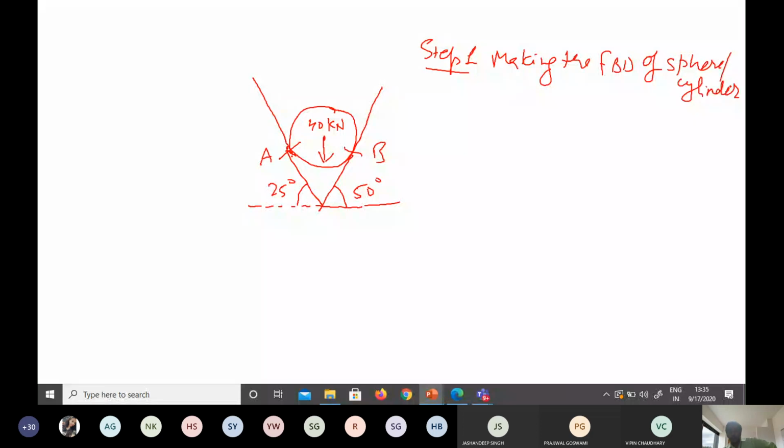Fine. So I am making the FBD first of all of the sphere, meaning what are the different points where the contact is happening, and due to that contact where the reaction is occurring. So we have to first locate that. See here what I am making. Just understand it very carefully. If you have any doubt, you can ask me, because this is very, very important for you to learn.